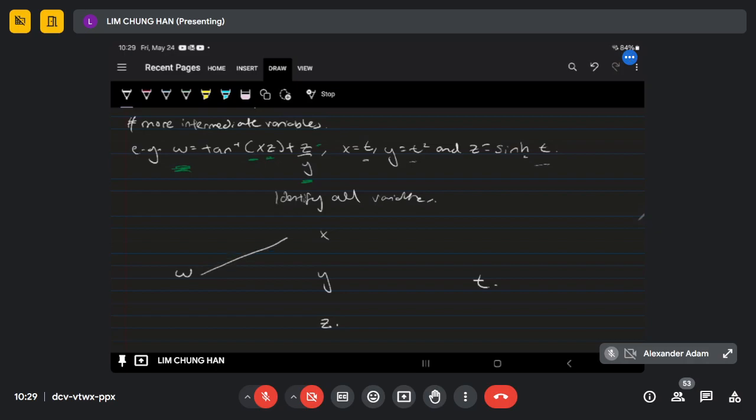So now, instead of the tree having 2 branches, like in the previous question, in this question you have 3 branches. So you have to adjust it accordingly.